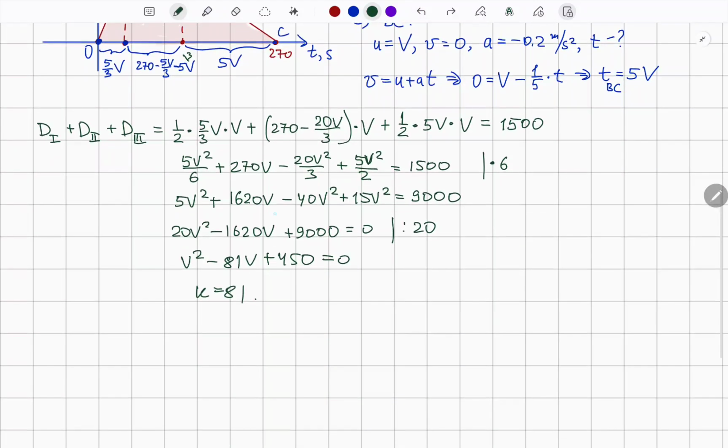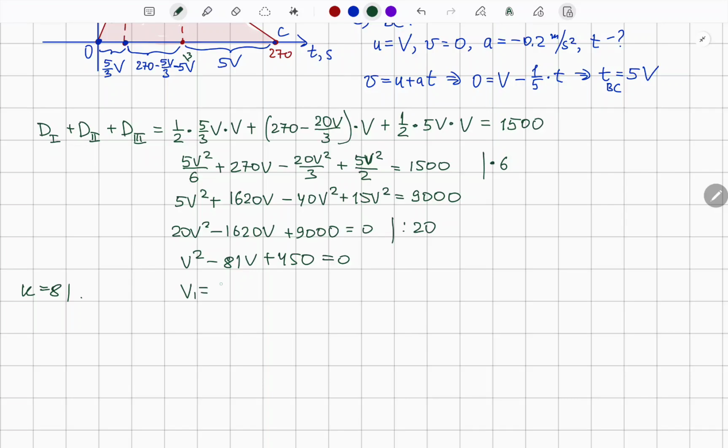Okay, this is the quadratic equation, so it must have two roots. Be ready to understand which root is extraneous, that is the root I don't need, and which root works. So I use my calculator, 1, minus 81 and 450.